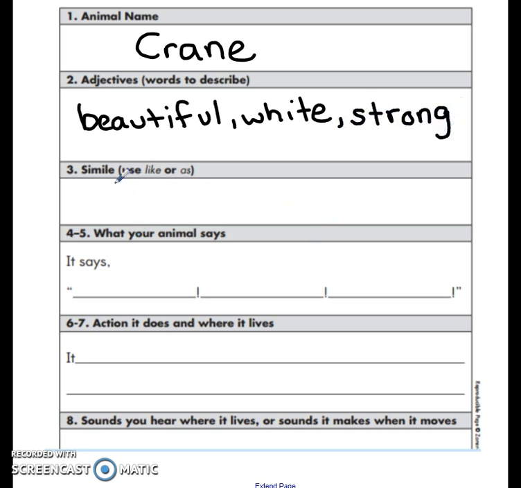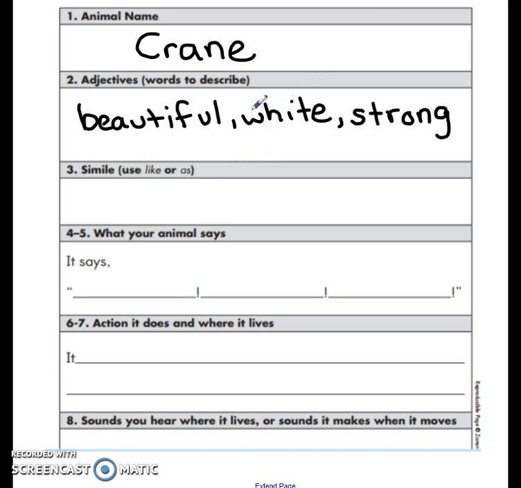Next, after I'm done with my 3 adjectives, I'm going to write a simile. So for my simile, you can use like or as. And I think I'm going to use like. And cranes are very majestic. They're very proud. So I'm thinking of something to compare that to.